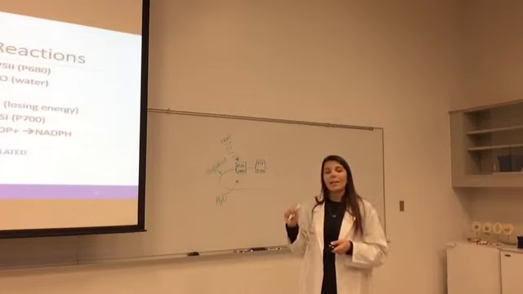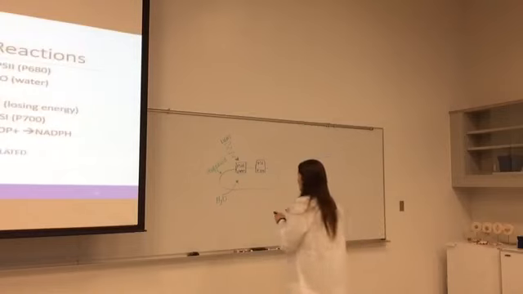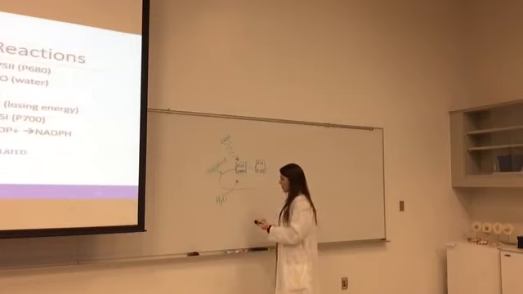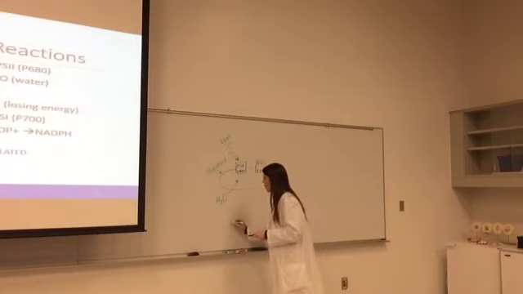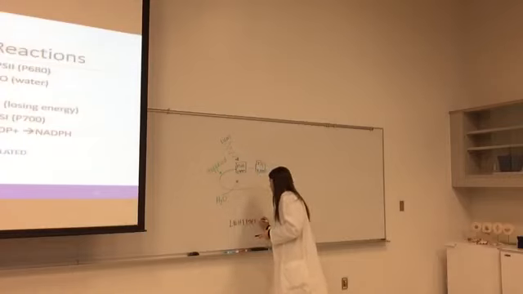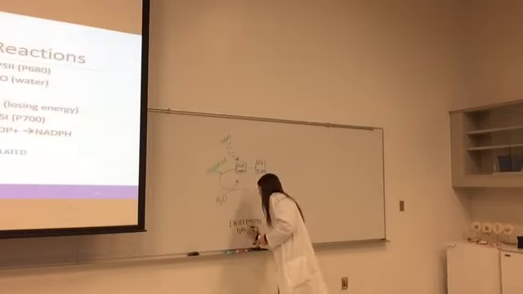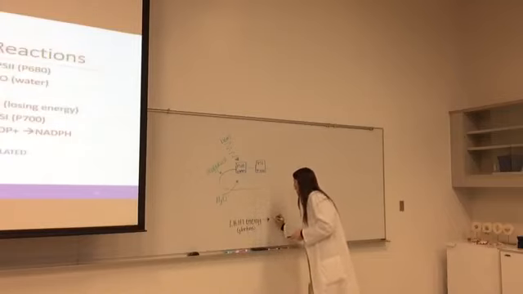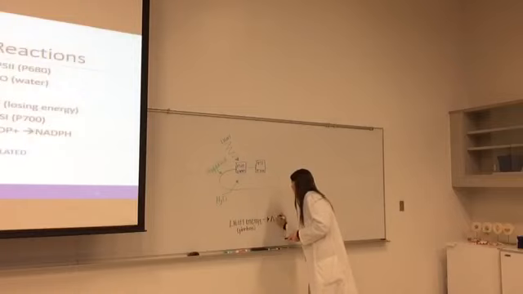And in the light-dependent reactions, my whole goal is to take light energy, which is measured in what? Photons, fantastic. To take light energy and transform it into ATP, or chemical energy.